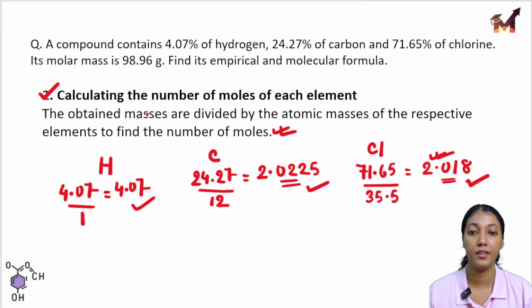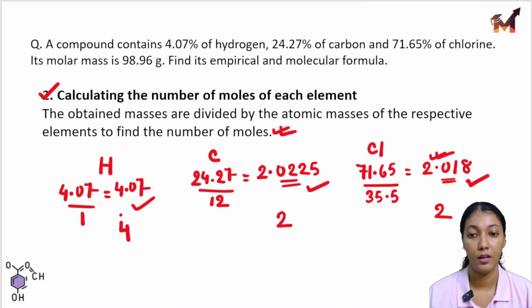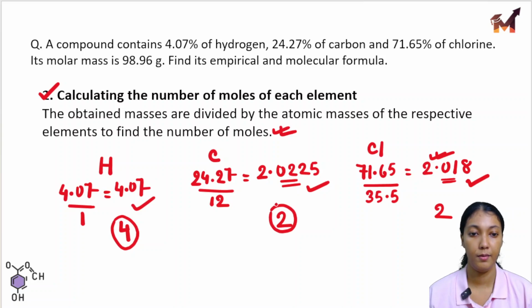So we will now consider the whole numbers in this case. ये जो decimals है, we can ignore, because if you round them off, it will come to be 4.1, which will be 4. This will come out to be 2 only. 2.02 means 2, and this will also come out to be 2, which is 2.018. It will also be 2. So for our easy calculations, we will just consider as the whole numbers. It will be helpful for us.